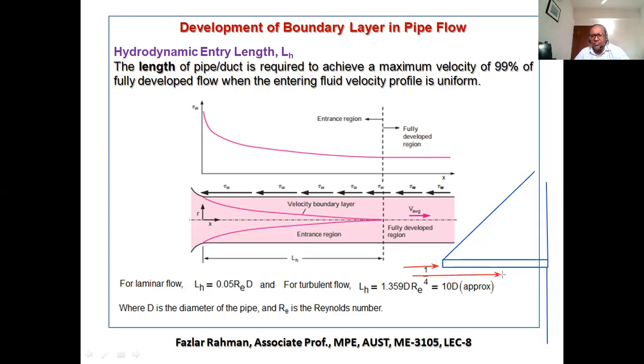So they will pass through the bottom. Okay, what I'm saying, the fluid particle immediately hitting at the tip, he will stop. Why will he stop? Because of the viscosity, right?